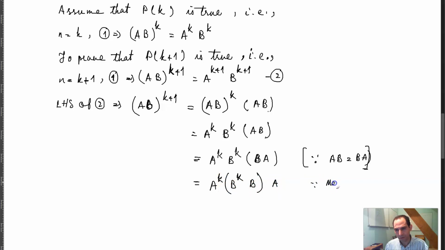Because matrix multiplication is associative, if I'm not mistaken. Let me take a look at these.